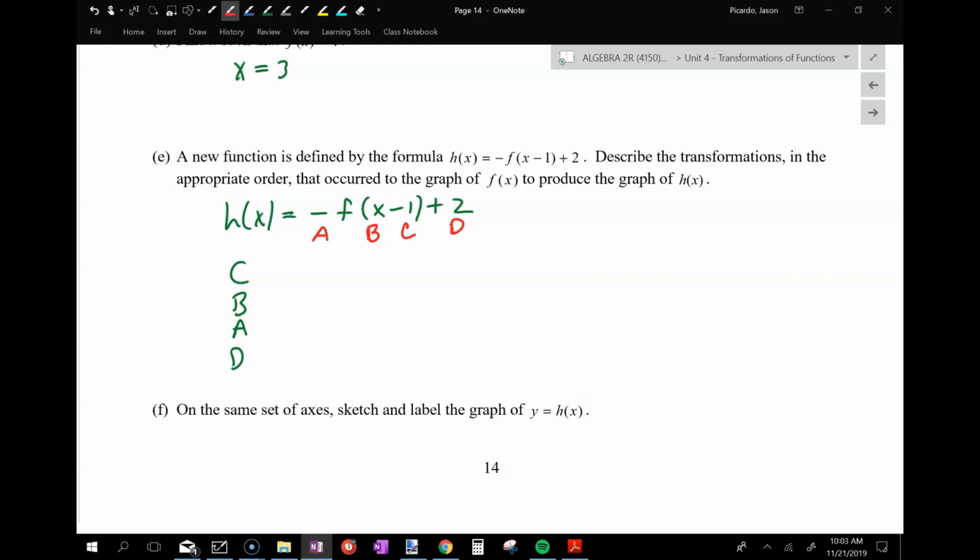Take 30 seconds, use the vocabulary from the other example, and write down what you think you're supposed to be doing here.